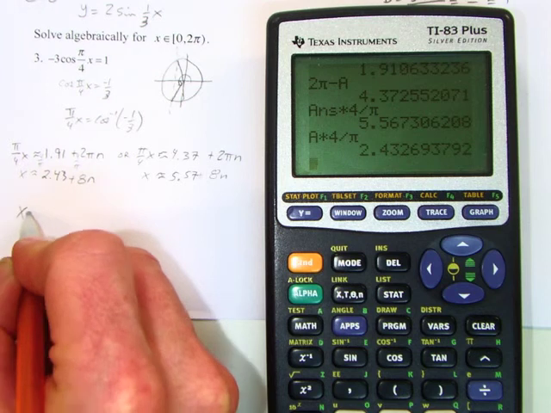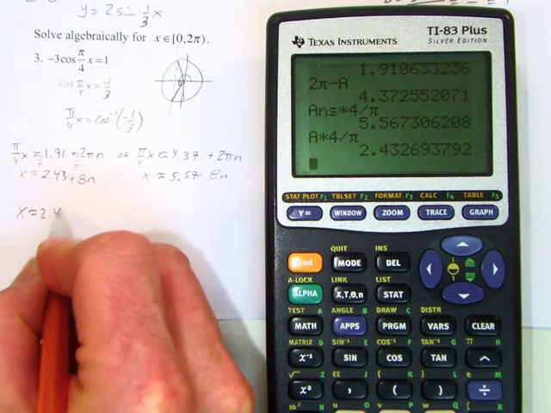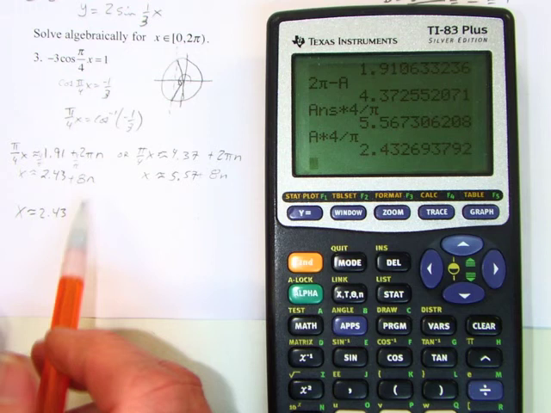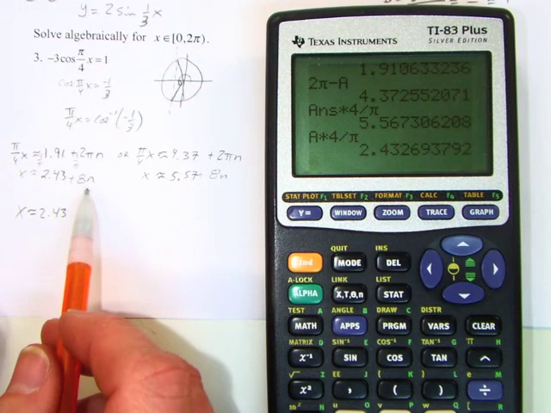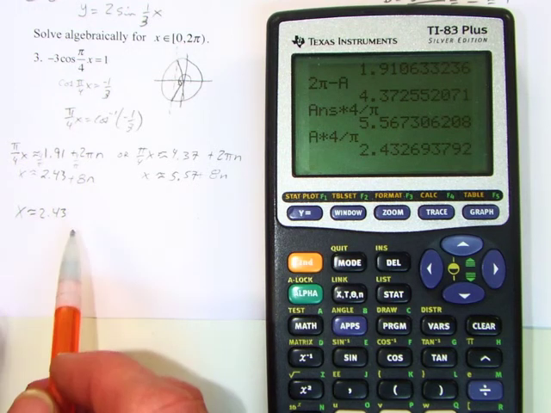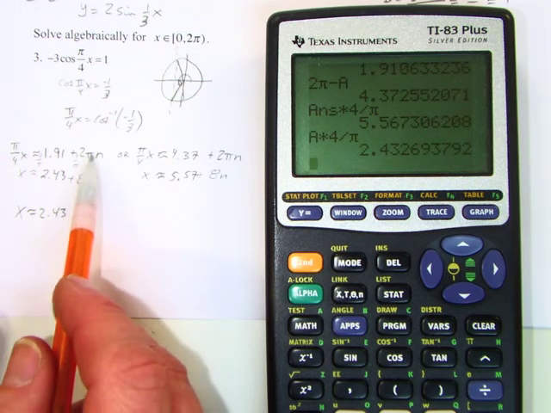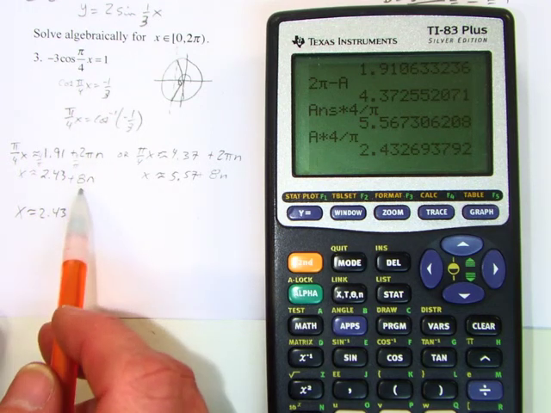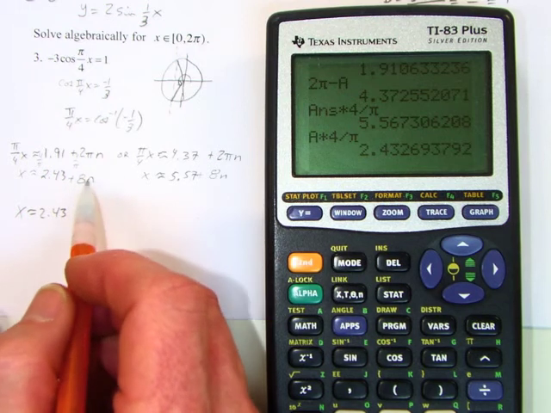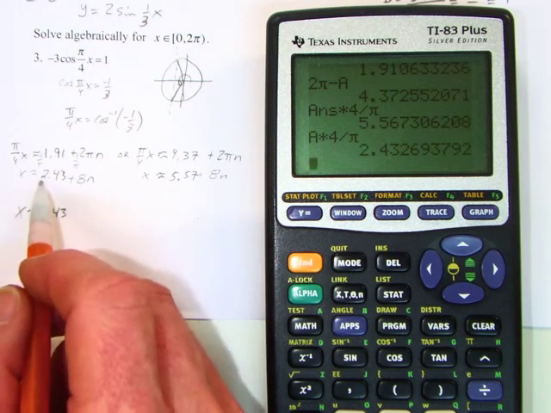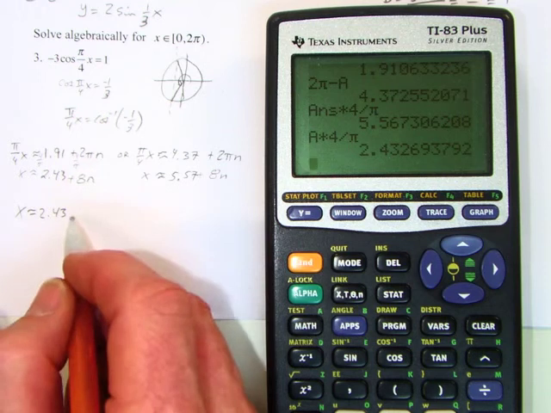So now we're going to start listing out our answers. We know we have 2.43. That's a number that's in between 0 and 2 pi. If I add 8 to it, does that stay between 0 and 2 pi? No, because 8 is more than 2 pi. 2 pi is only 6.28 approximately. So we can't add 8. What if I subtract it? I would have a negative number. That doesn't work as well.